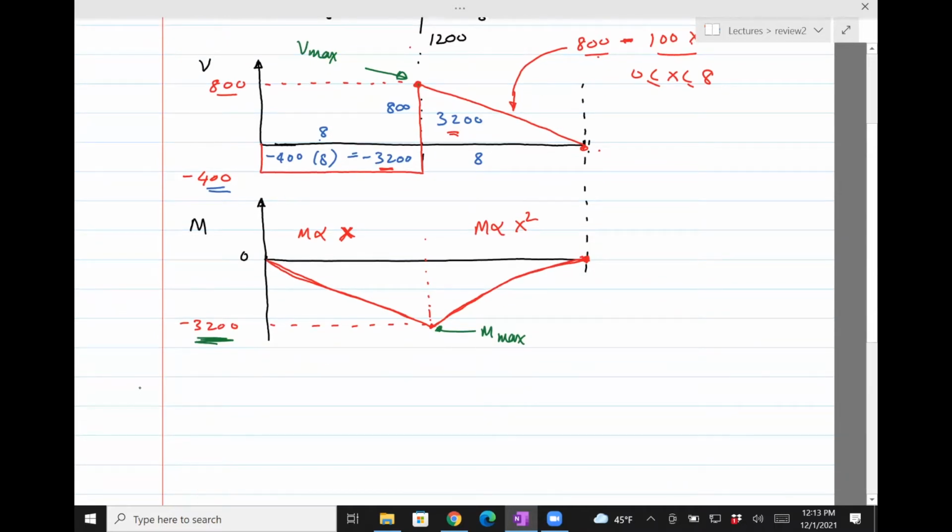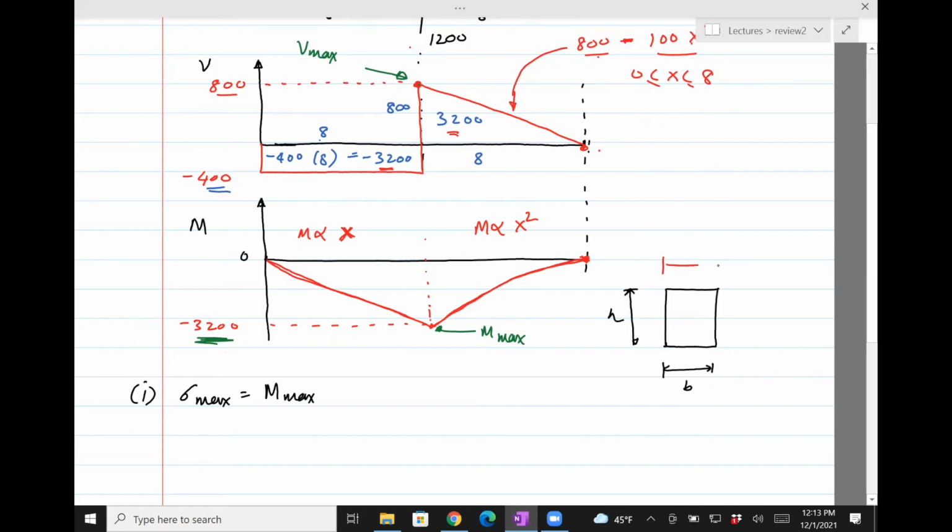Okay, so let's do part 1. Sigma max is M max times Y over I. In this case, we have a rectangular cross section. I think the dimensions are 1 by 2. So this is the height, this is the width.